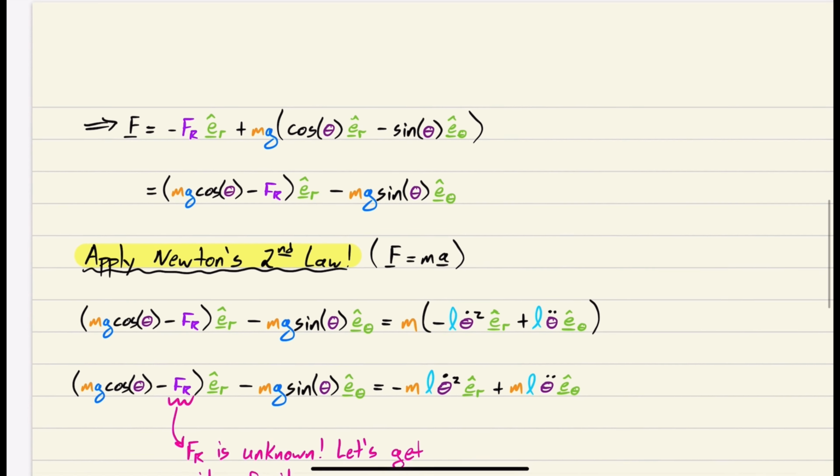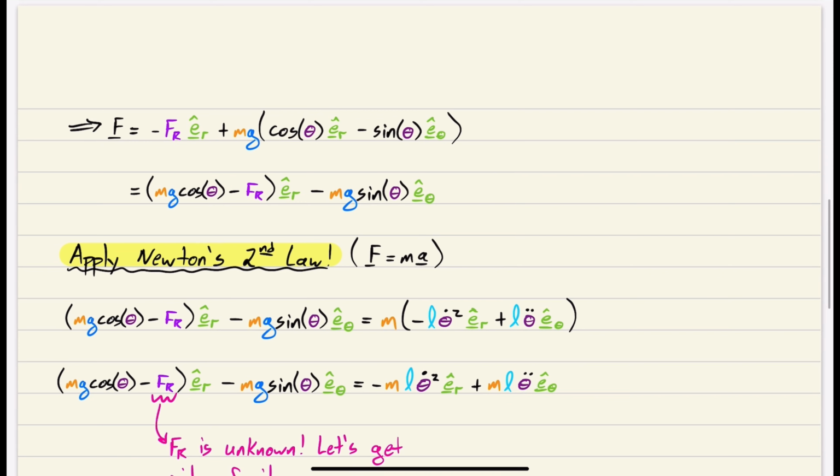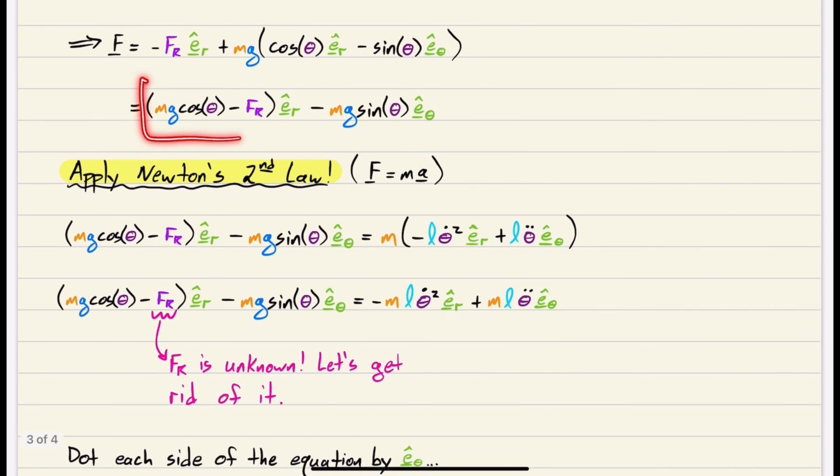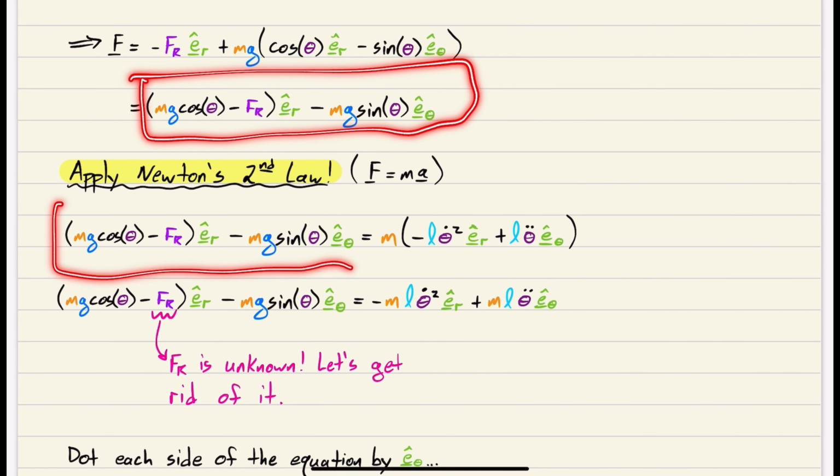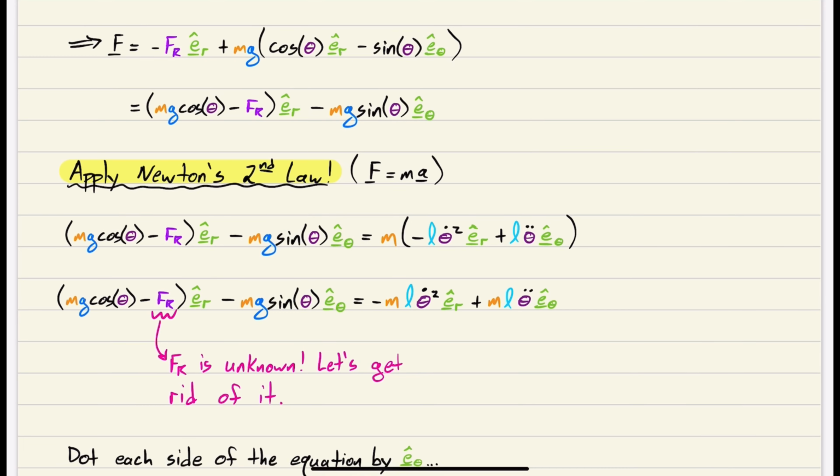And now we get to apply Newton's second law. F equals ma. We just found F, we just found a, and we know m. m is just the mass of the particle. Now we plug in. All I'm doing is copying and pasting this here. That's F, and this right here is a.